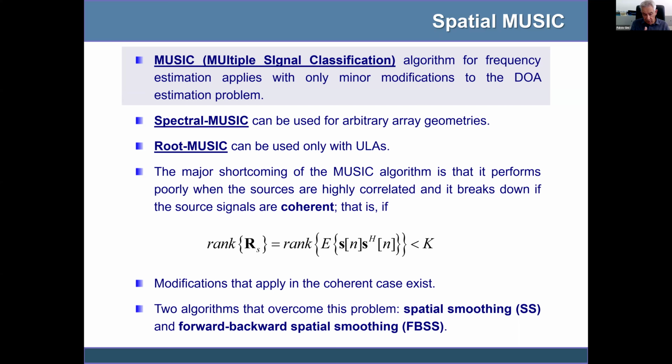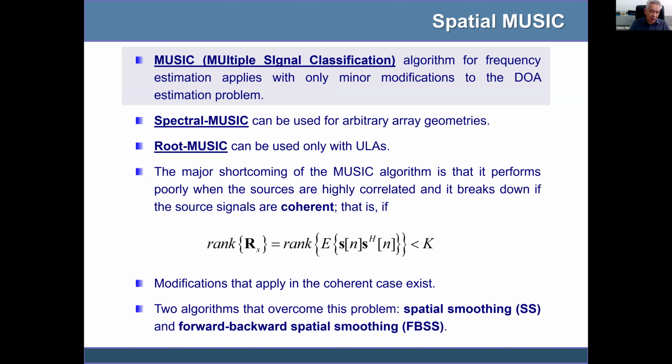There are some differences, but the most important difference is that spectral MUSIC can be used for any array geometry. Root MUSIC can be used only with uniform linear arrays.